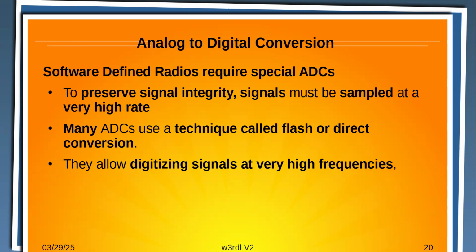Even in the HF band, and if you were doing it at VHF, you really are looking at some high speed A to D. One of the techniques that they use is called a flash or direct conversion, as opposed to successive approximation, which we talked about last week, which is more accurate. It's much, much slower. It's good for audio. I don't think there's any way you could use it at really high frequencies if you had very high resolution.